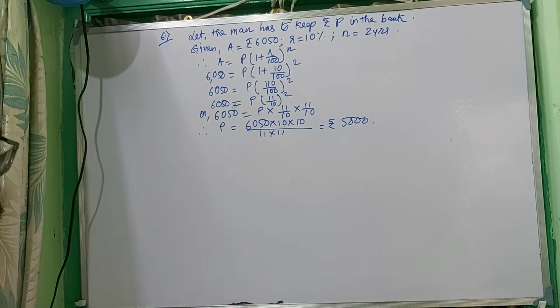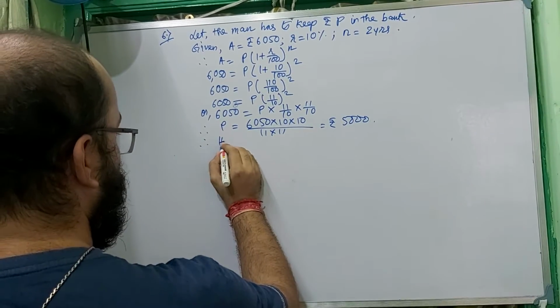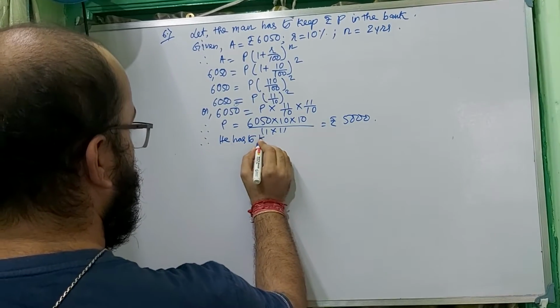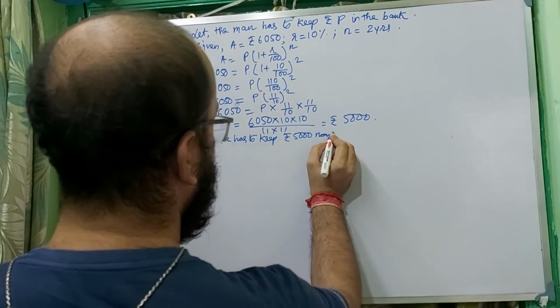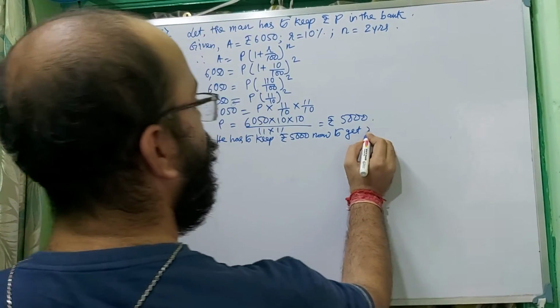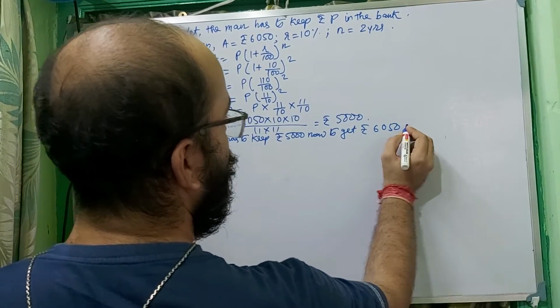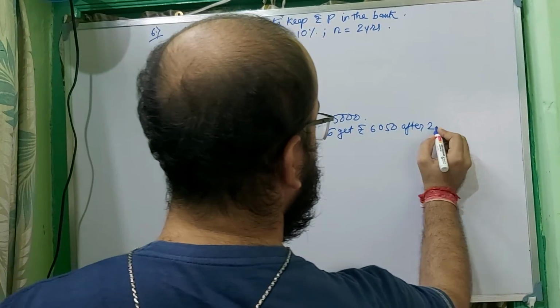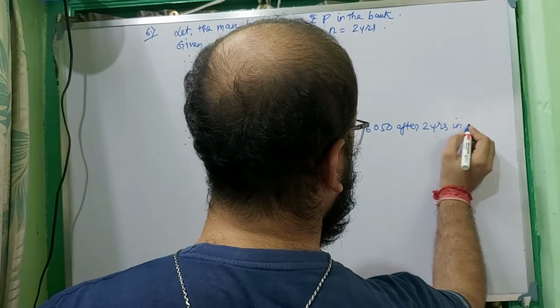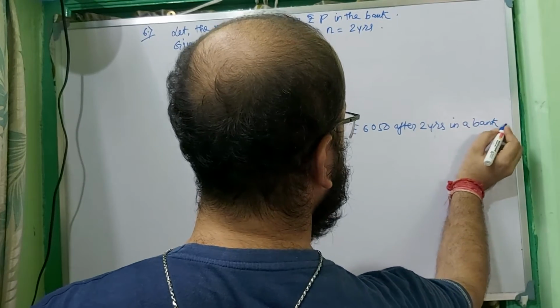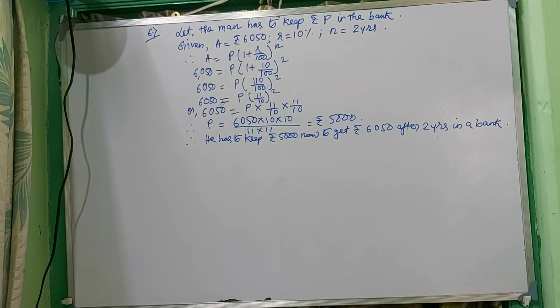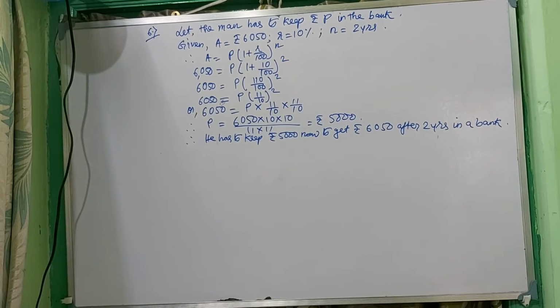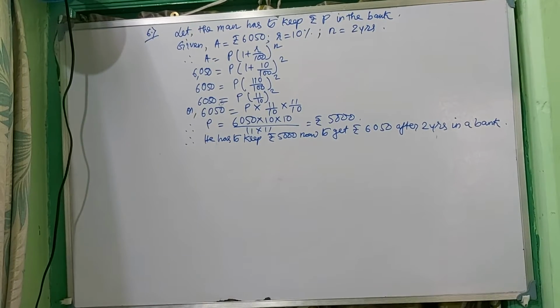Means he has to keep rupees 5000 now to get rupees 6050 after 2 years in the bank. So I think this is clear to you.